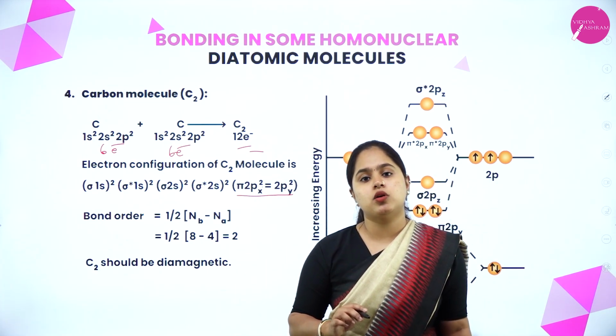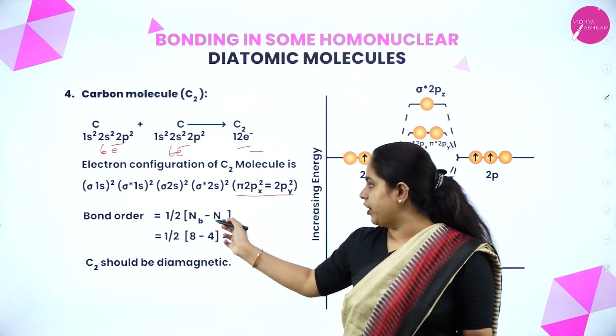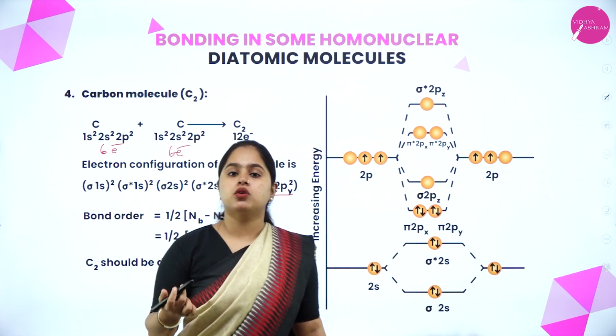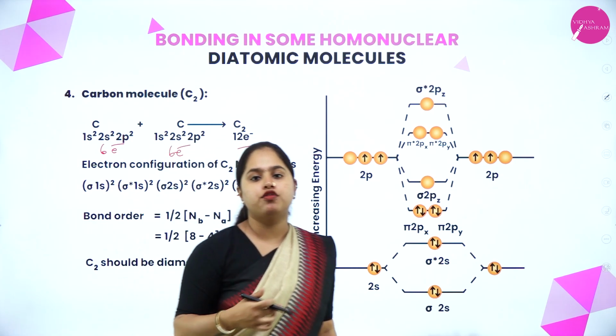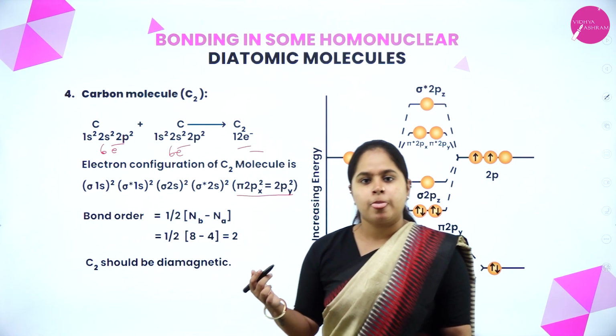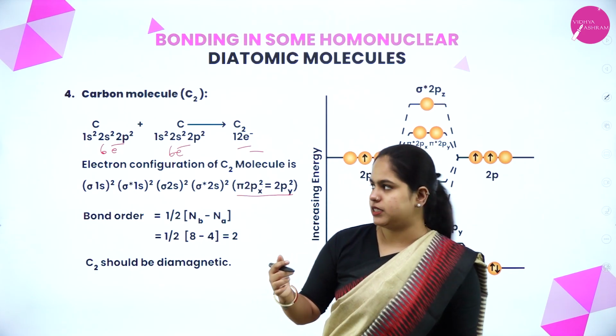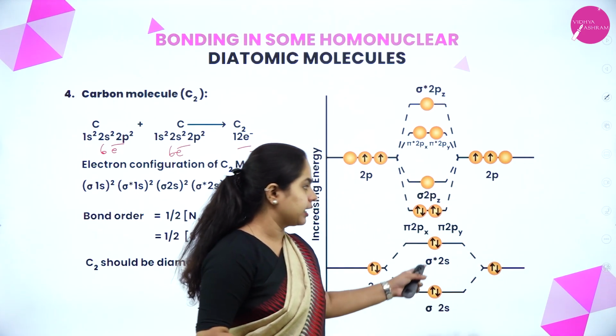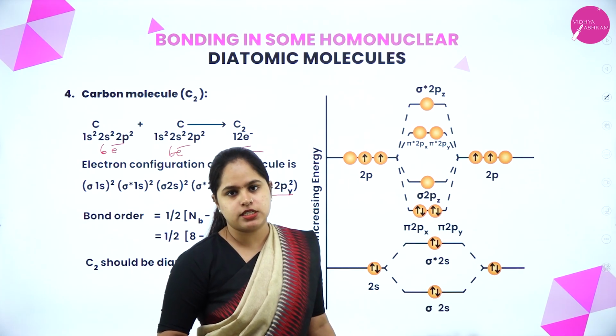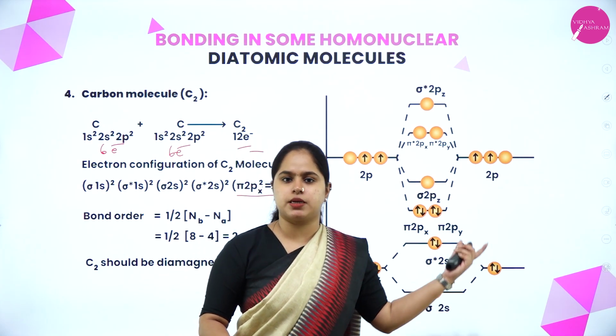And we know how to calculate the bond order. Again, it is half of Nb minus Na. So how do you calculate Nb? The number of electrons present in bonding molecular orbitals. Below this, in this diagram, the 1s orbitals are also there, right? The sigma 1s and sigma star 1s.